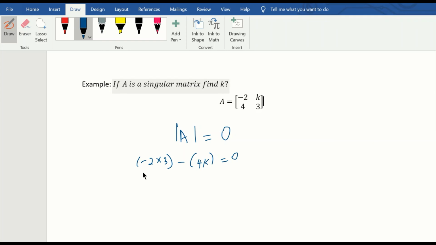All right, minus 2 times 3 is minus 6, minus 4K, equal to 0.